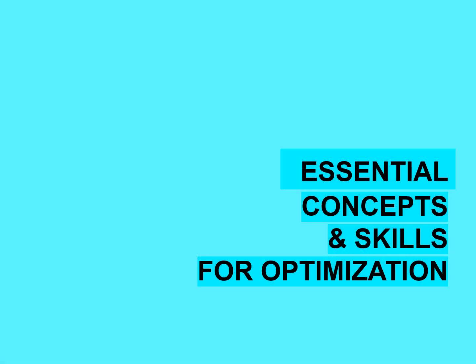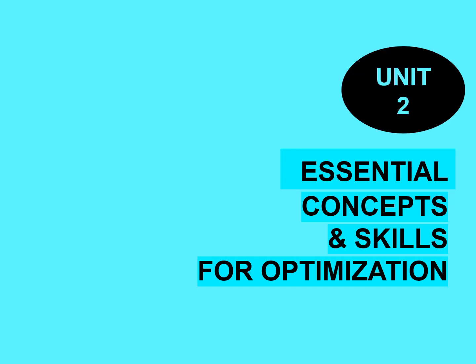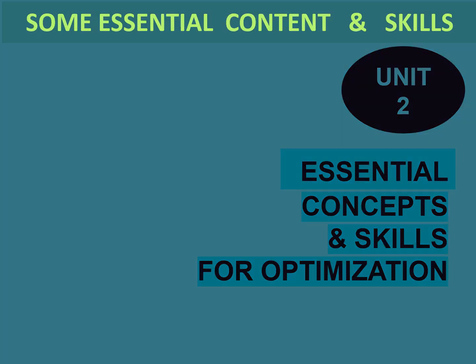Now, before we're actually going to do some examples on optimization, let's go over what are the skills and concepts that you require to be able to do these optimization problems. Let's look at the essential skills and content that you will require for doing optimization problems.